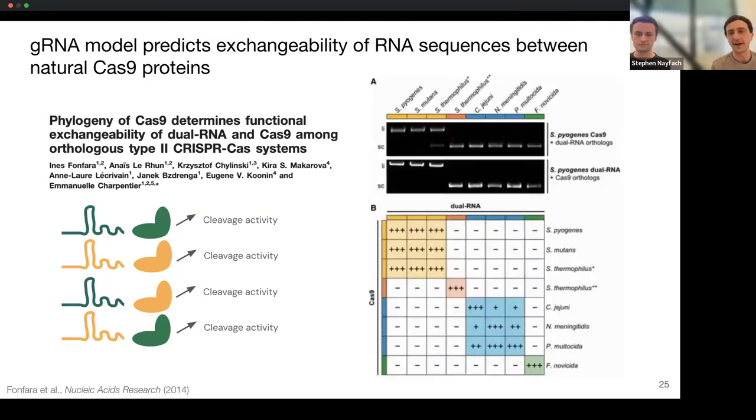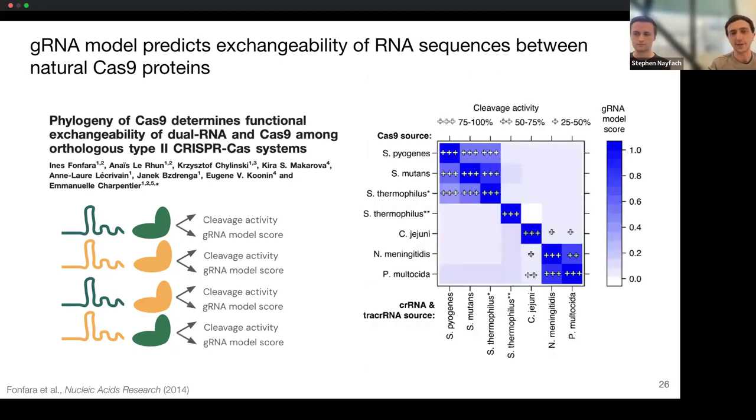And what this study found was that the guide RNA is exchangeable between Cas9 orthologs that are close in evolution, but exchanging the guide RNA is incompatible between Cas9s that are more divergent. And so what we wanted to know was, can the model actually predict whether or not these guide RNAs are compatible with the right Cas9s?